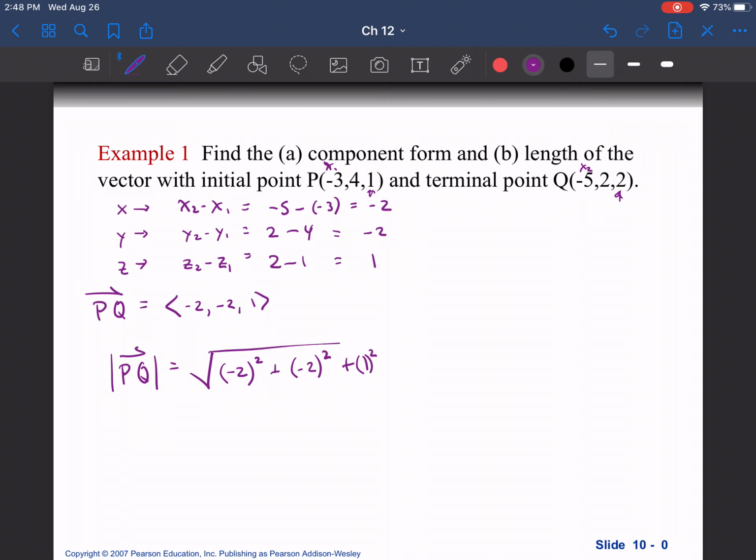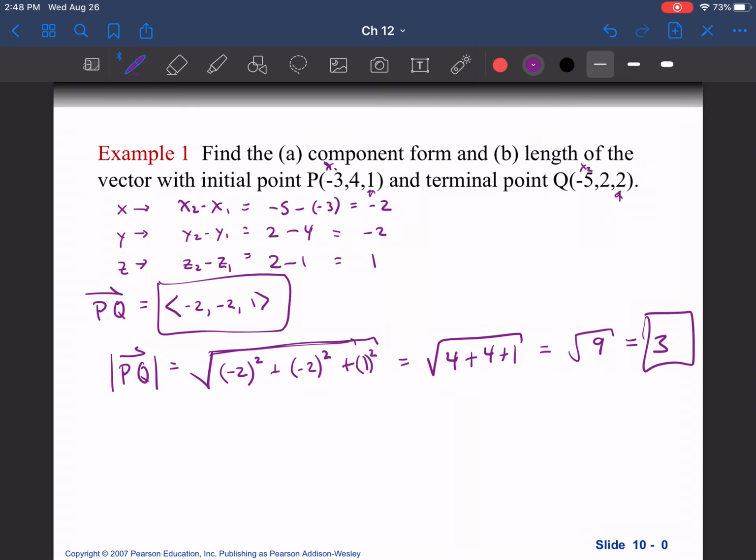So this is 4 plus 4 plus 1, and that's just the square root of 9, which is 3. And so we have a length of 3. So those are our two answers for that.